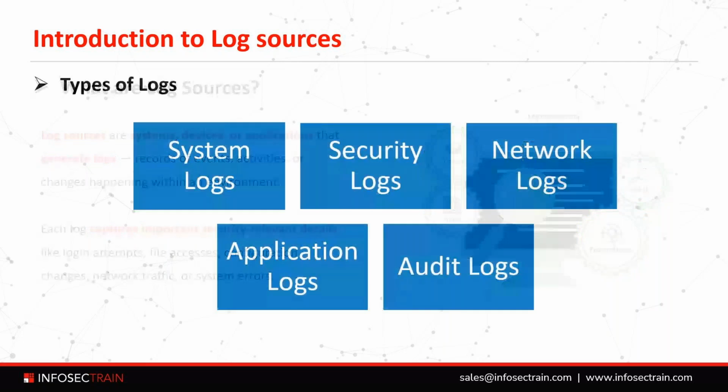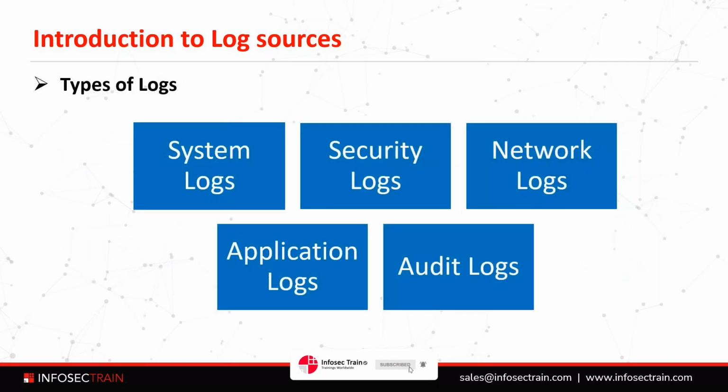And types of logs, as we just discussed, are server logs, system logs, security logs, network logs, application logs, and audit logs. System logs are generated by the system, obviously: logs from the operating system, like when your system starts up, shuts down, or any kernel events. In Windows you can see this in Event Viewer.